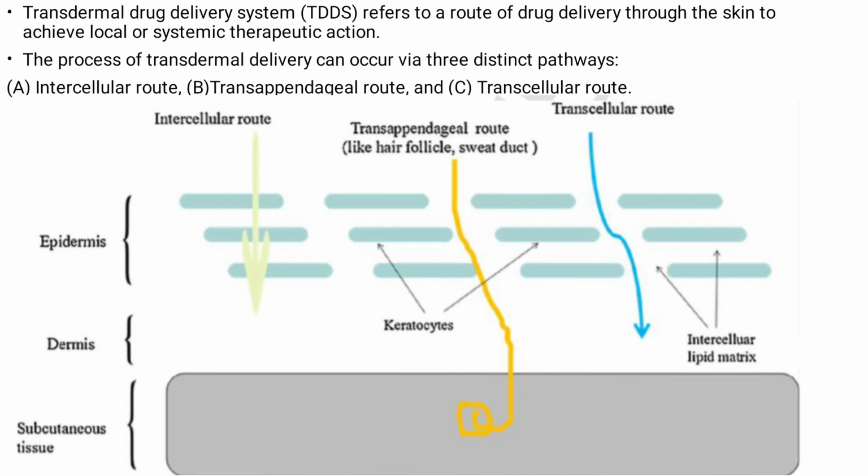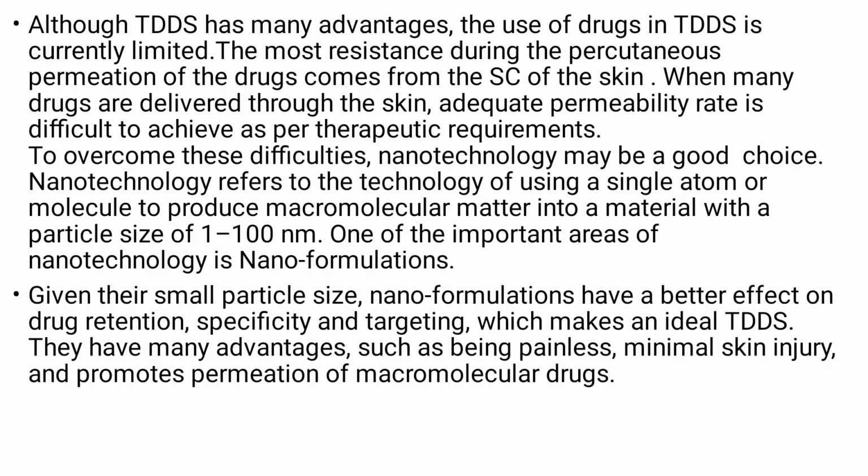Transdermal drug delivery system refers to a route of drug delivery through the skin to achieve a local or systemic therapeutic action. The process of transdermal delivery can occur via 3 distinct pathways: intercellular route, transappendageal route and transcellular route. Although TDDS has many advantages, use of drugs in TDDS is currently limited.